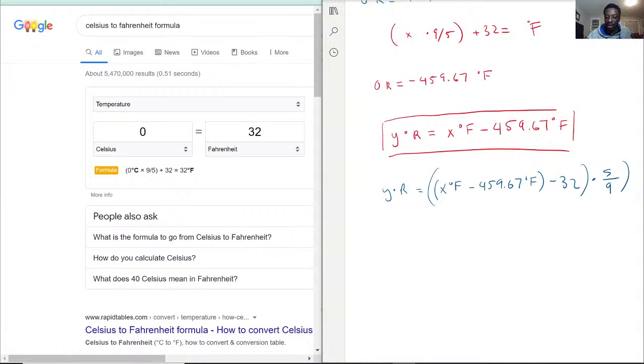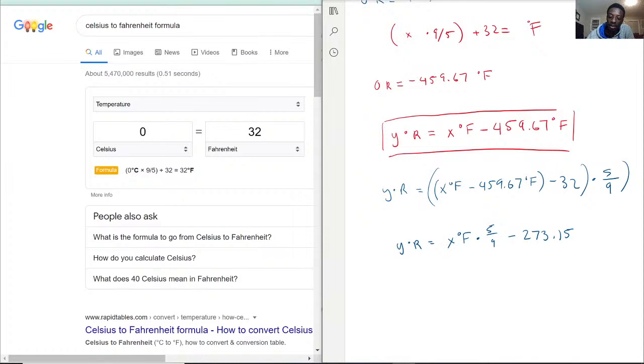Then y degrees Rankine is equal to x degrees Fahrenheit times 5/9 minus 273.15. Just to make sure, yep, we've done that.